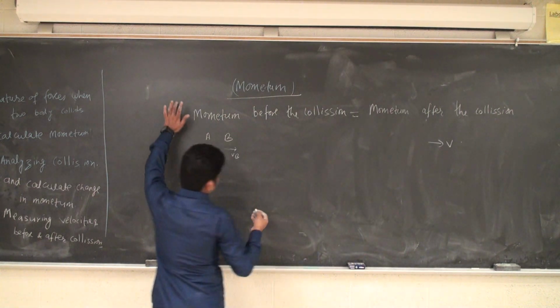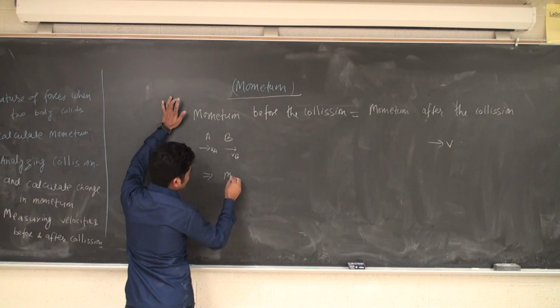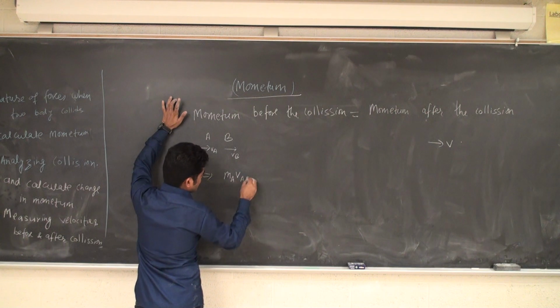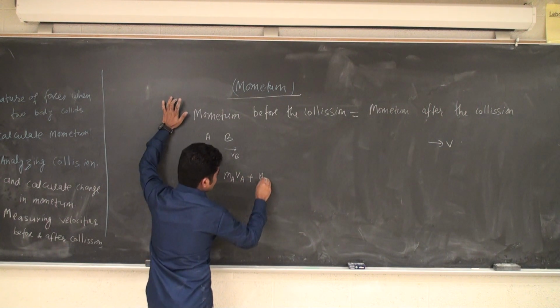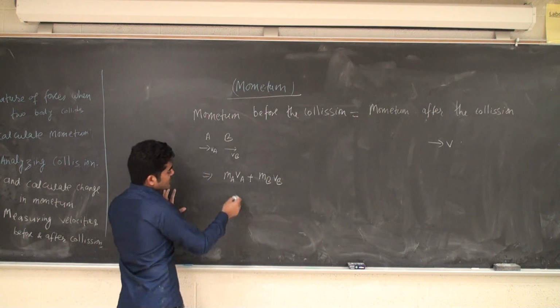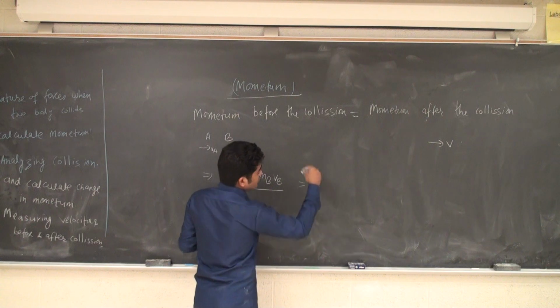So let's write the equation for this. For object A, the mass is mA and the velocity is vA, plus mB times vB. So this is the total initial momentum, and it is equal to the total final momentum.